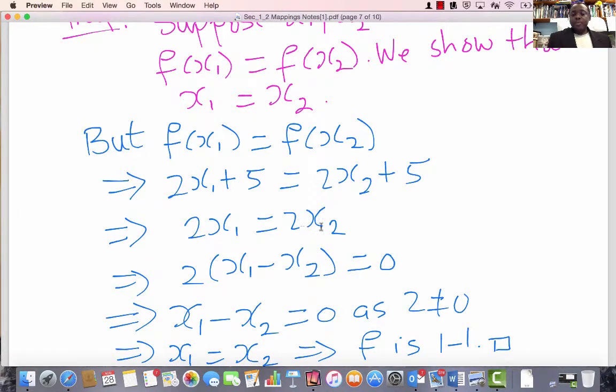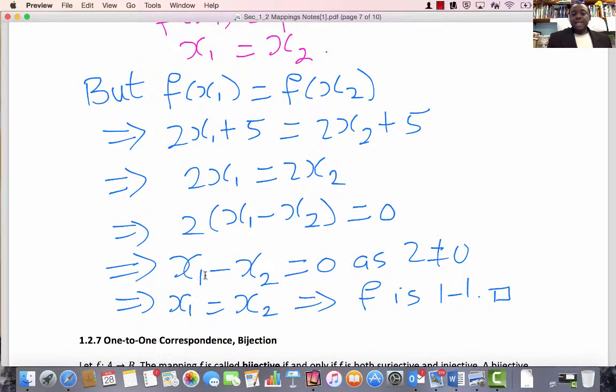And if I pull my 2x2 to the left and factorize out 2, I end up with 2 times (x1 minus x2) equals 0. 2 is different from 0, so x1 minus x2 must be equal to 0. Now, x1 minus x2 equals 0 implies that x1 equals x2, and we have just verified that f is one-to-one. End of proof. Very easy.